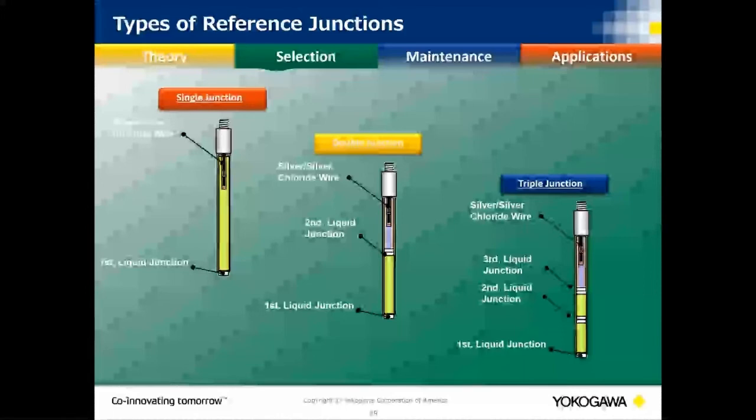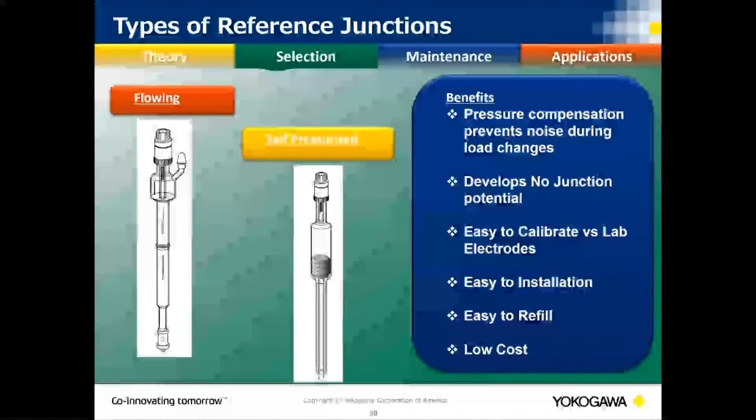Same thing, you can have a single junction, a double junction, or a triple junction, depending on how long a life you want from your probe. Remember, your process attacks your first junction, and then it can go right up and attack your reference pin. But if you've got a double junction, the process has to get through two different junctions, and with a triple, it's got to get through three before it can get to your reference electrode.